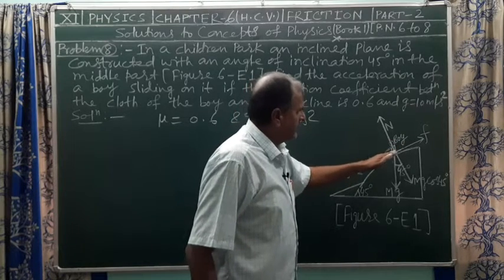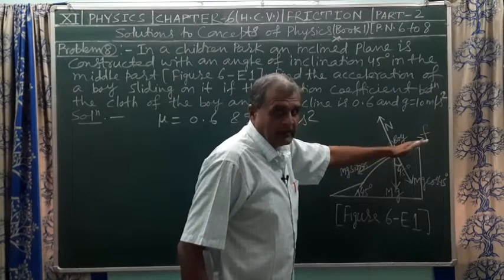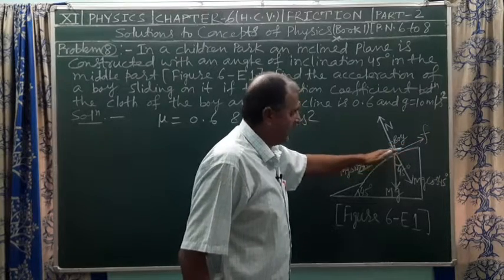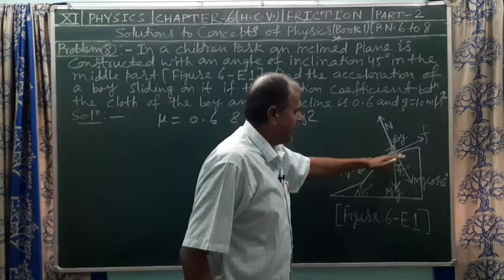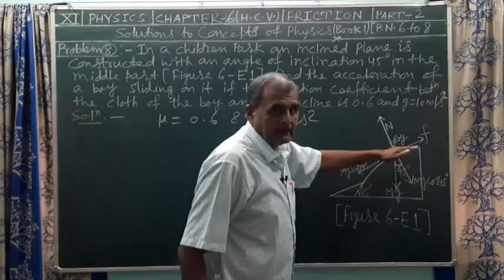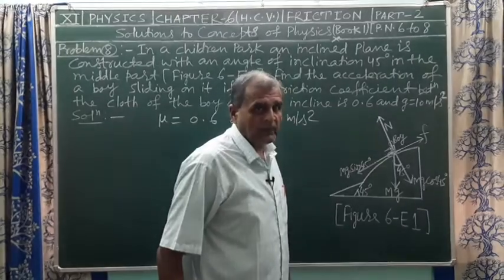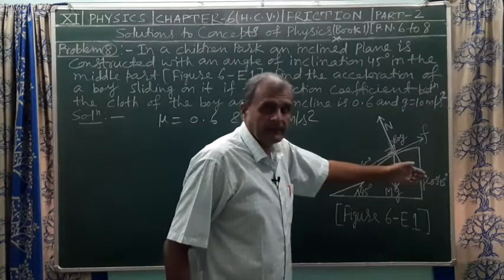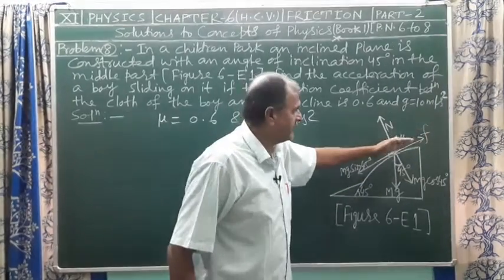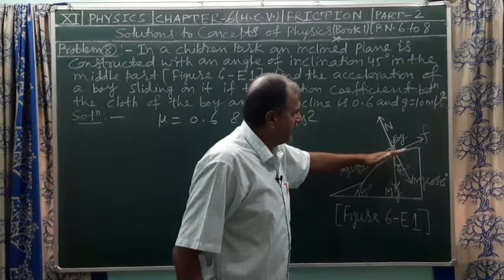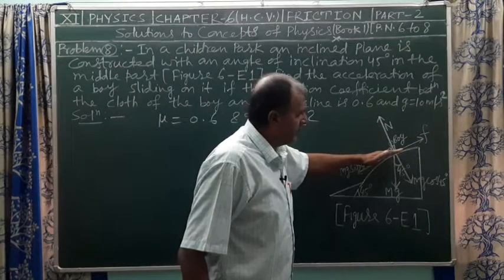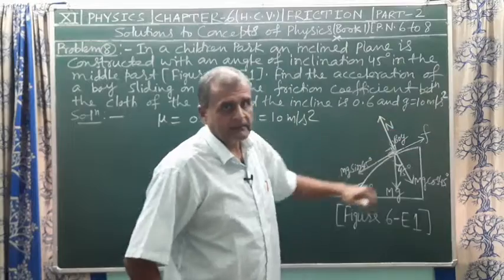and frictional force acting between the boy and the inclined plane is a small f, which is mu into n, that is mu into mg cos 45 degree, which acts in the upward direction along the incline.